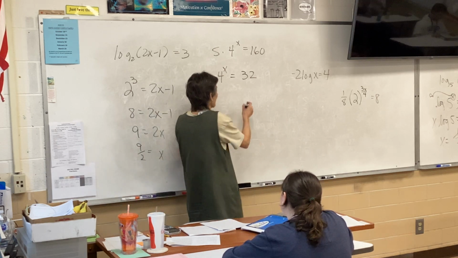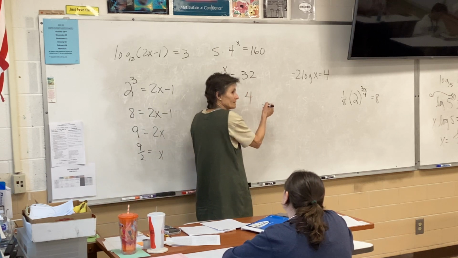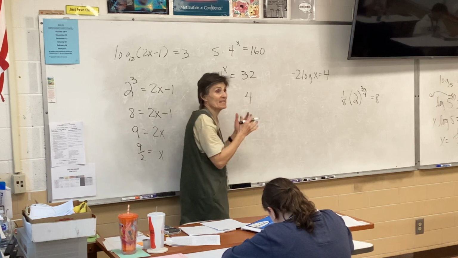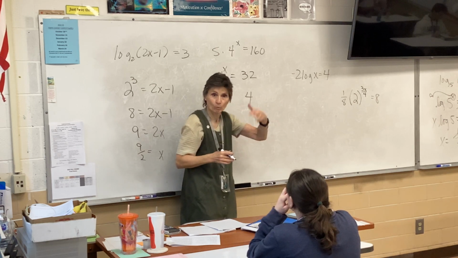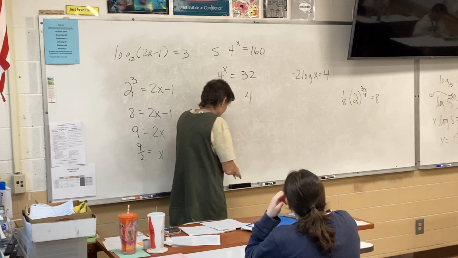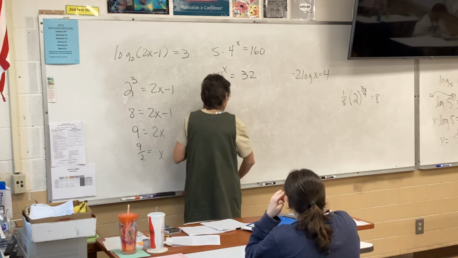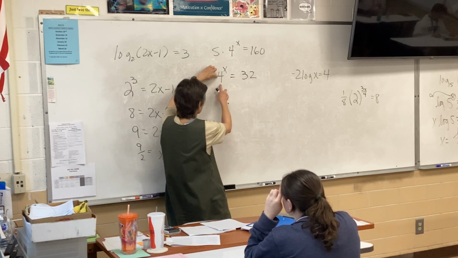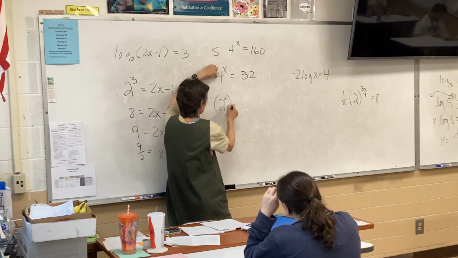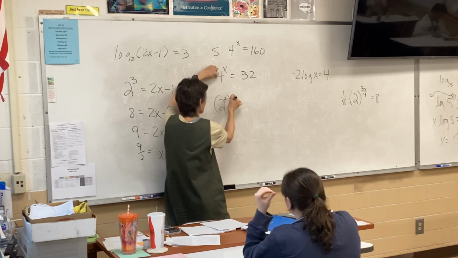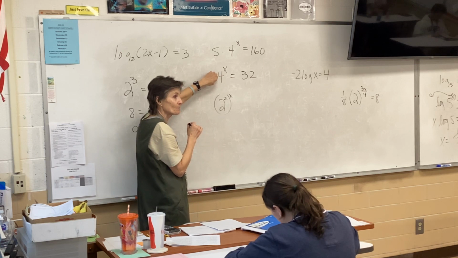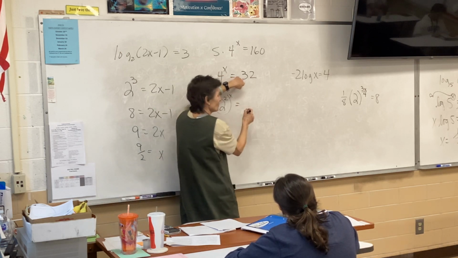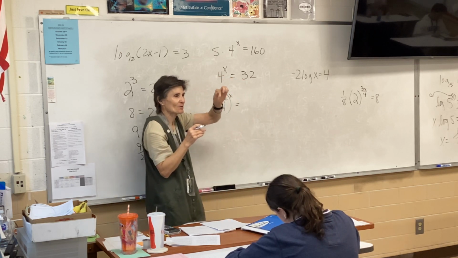So in other words, you can't say 4 to something. I mean, it is, but not an integer power, not like 4 squared or 4 cubed. So we go down and make them smaller. So we think of this as 2 squared, because that's what 4 is, right? It's 2 squared. And then 32, anybody happen to remember, we figured it out yesterday.